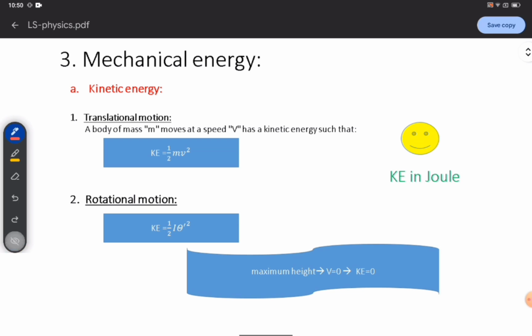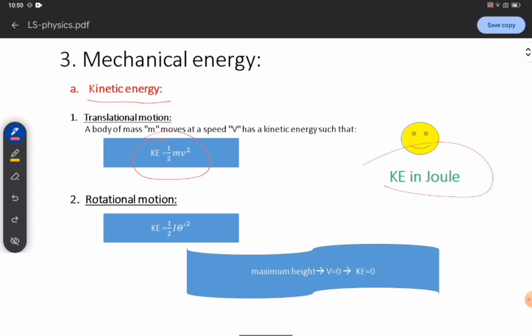Now, mechanical energy. First, kinetic energy. The kinetic energy is the energy related to the mass and the velocity of an object. So a body of mass m moving at a speed v has a kinetic energy such that KE equals half m v squared. KE is in joule.